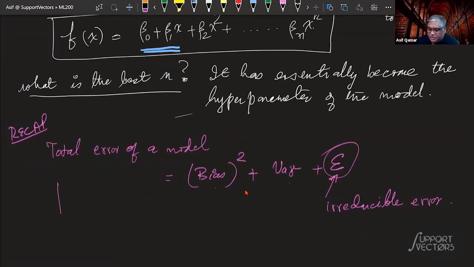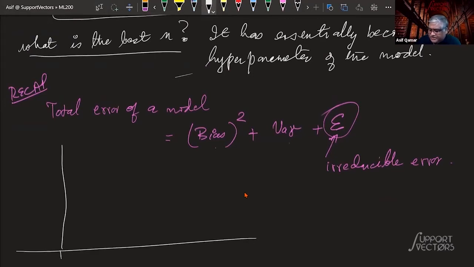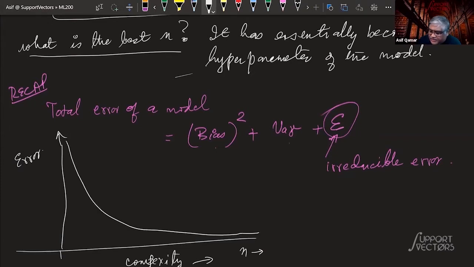So let me draw the bias variance trade-off again. And by now, you should be quite familiar, I hope, with this. So as you increase the complexity of the model, for example, in the case of polynomial, as you increase n, the bias error of a model, as you build more and more complex models, will keep going down like this, right?